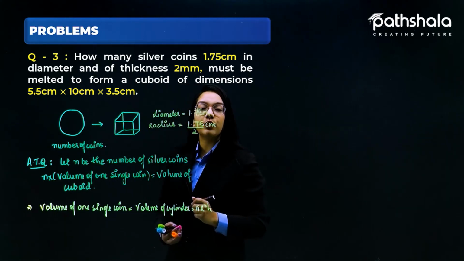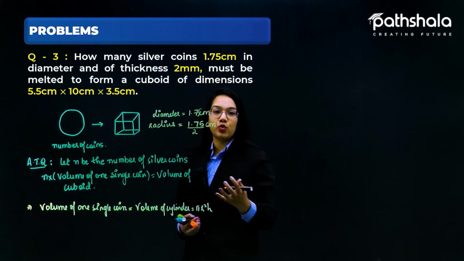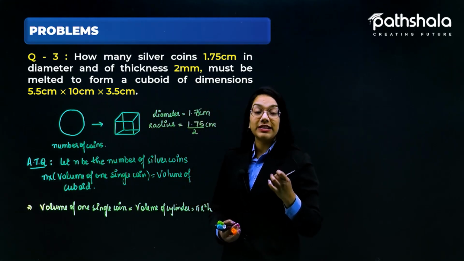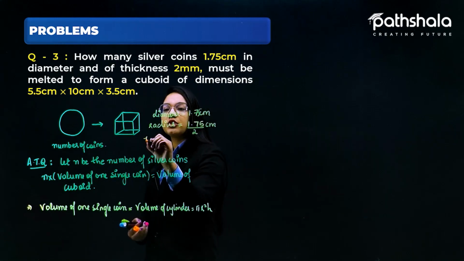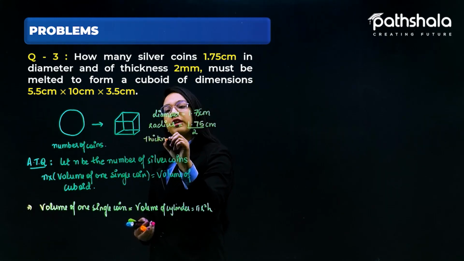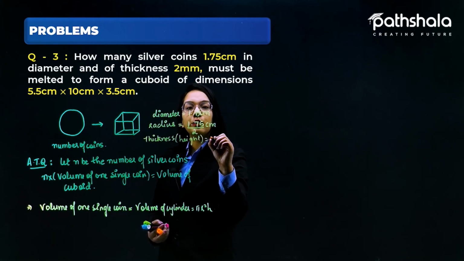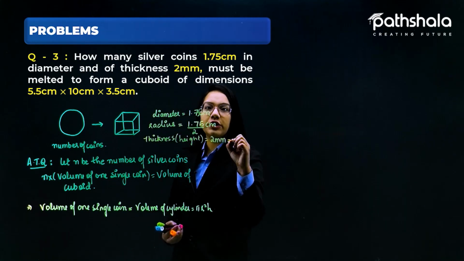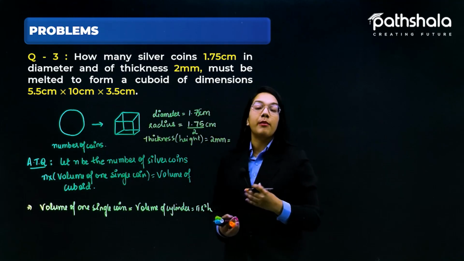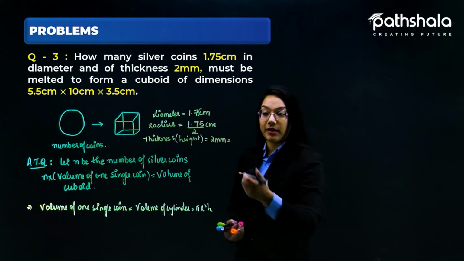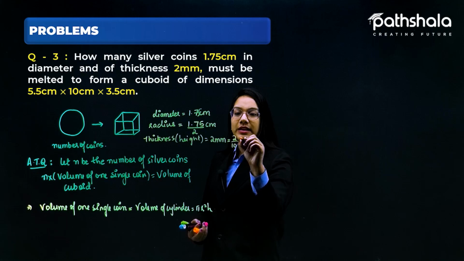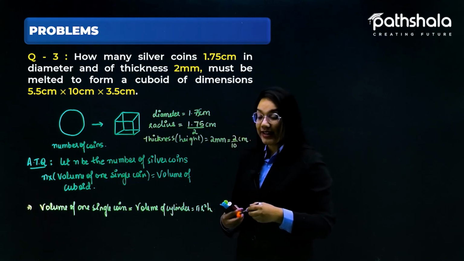Further, it is given that its thickness is 2 mm. Thickness means the height, which is 2 mm. Let's convert it into centimeter. We know that 1 mm is 0.1 centimeter, so this is 2 by 10 centimeter.